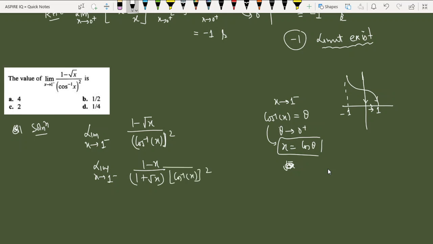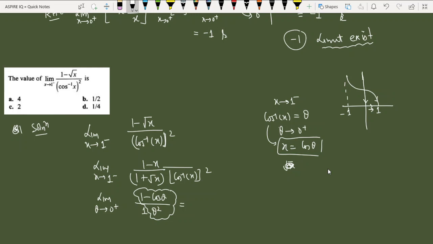Now replace x is equal to cos theta, then theta tends to 0 plus. So it is 1 minus cos theta upon 1 plus root cos theta, and this is equal to theta square. So this is our formula, 1 minus cos theta upon theta square, theta tends to 0.